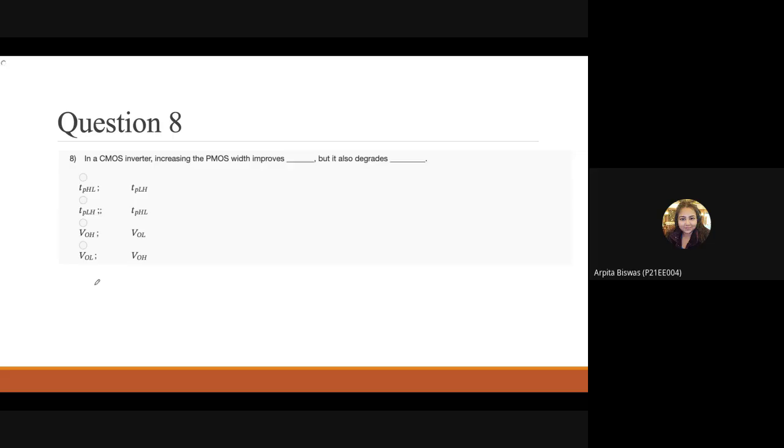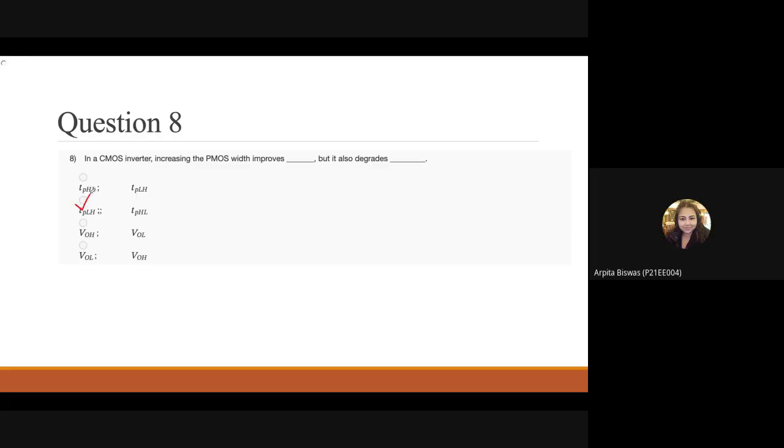In a CMOS inverter, increasing the PMOS width improves ___, but it also degrades ___. Is it option 2, ma'am? Yes, option B is the right answer.